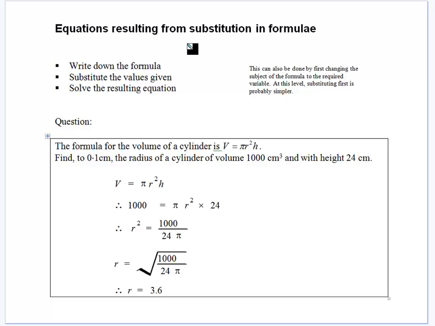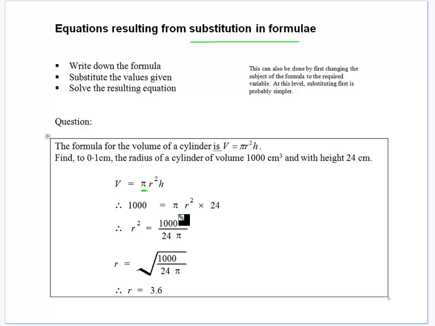Sometimes we're going to get a number of substitutions in this, of course. So we're going to get equations that result from that and then have to solve. If I'm talking about V is equal to pi r squared h, keep in mind pi is not an unknown. Pi is not a variable. Pi is a number. Pi is a constant.